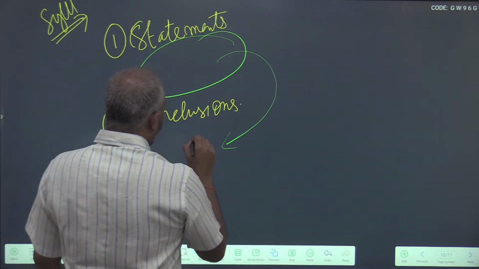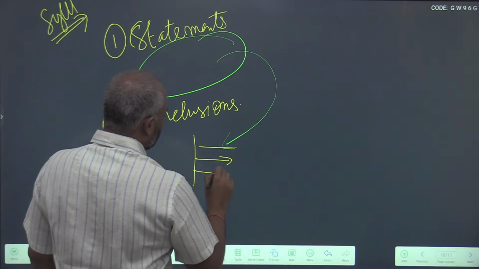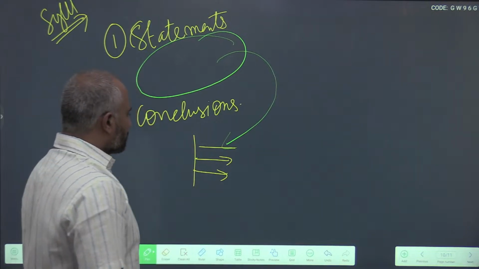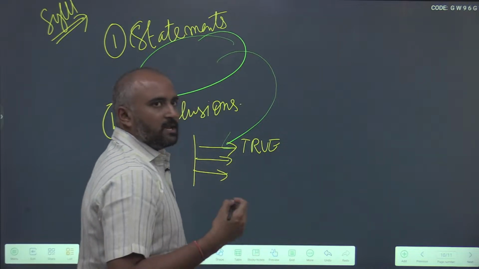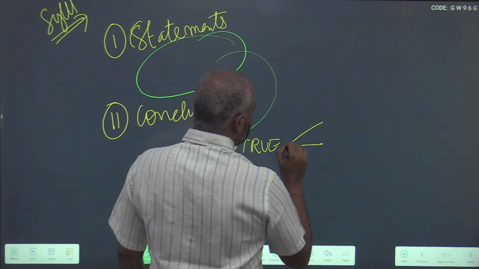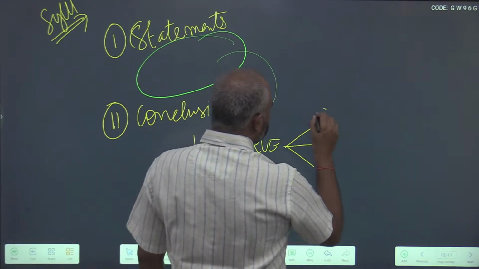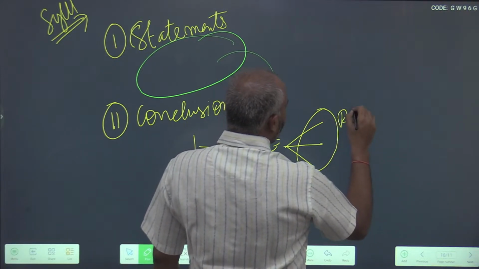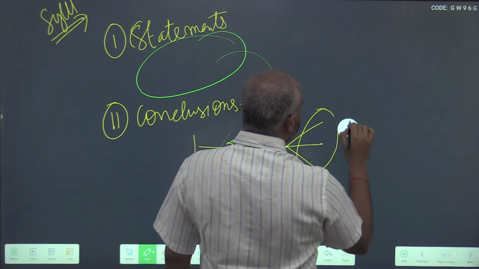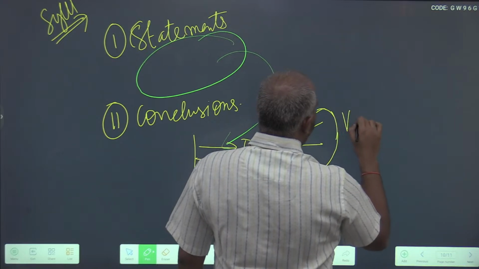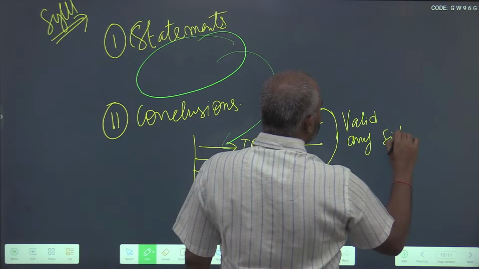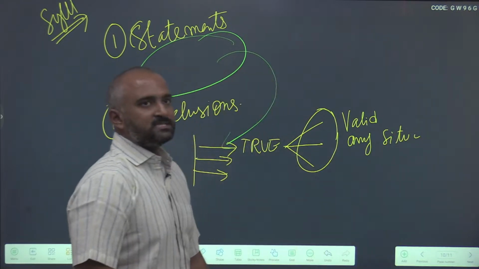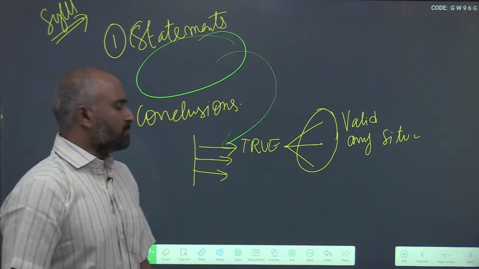Conclusions are always of three kinds. One is true. What do I mean by true? True is right, or valid. True is valid in any situation possible.